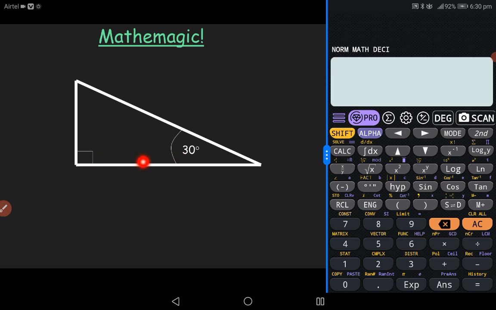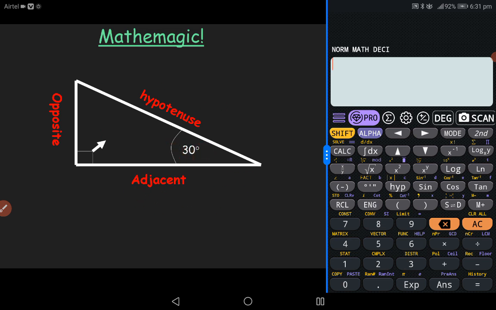If you draw it precisely, you can measure the sides. That's our hypotenuse, which is opposite the 90-degree angle. This is the adjacent side, and this side is the opposite side, directly opposite the 30 degrees.